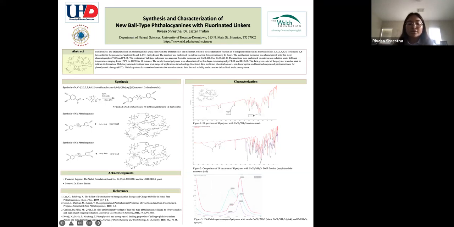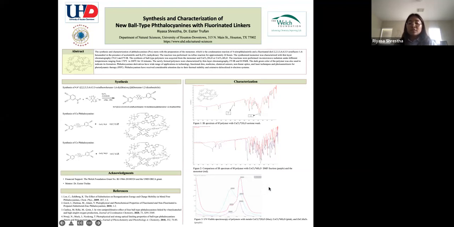The other characterization technique we used was UV-visible spectroscopy, which can be seen in figure 3. This is for the ball-type phthalocyanine for three different metals. We can see that the locations of the two peaks are very similar. This is because of the general structure of ball-type phthalocyanine, which can be seen in these reactions.